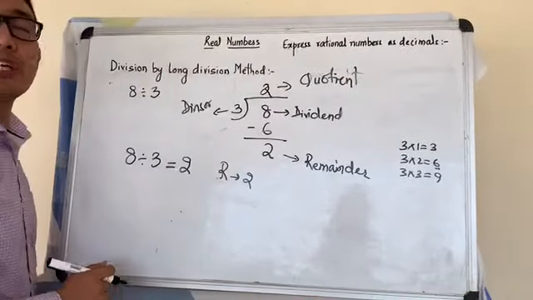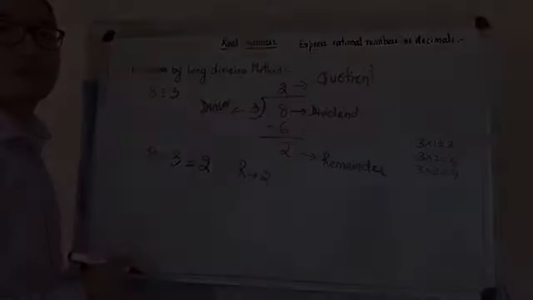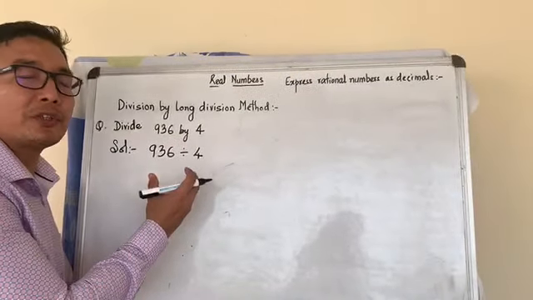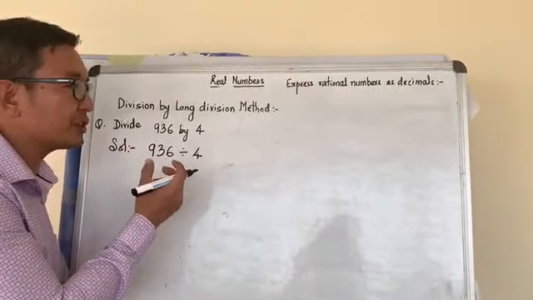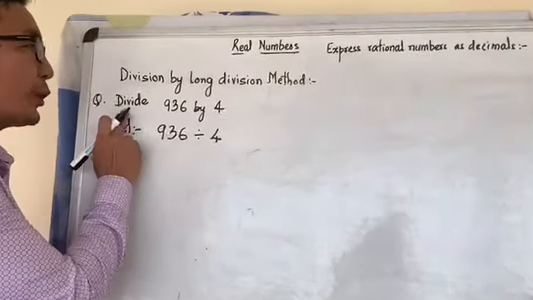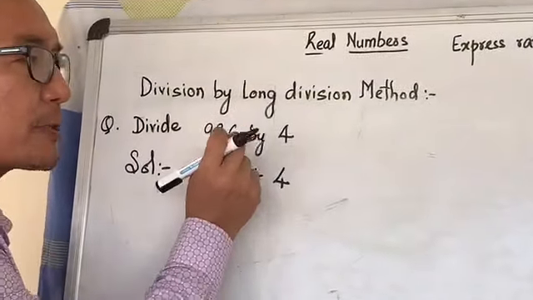Now also the long division method. We are going to divide 936 by 4.